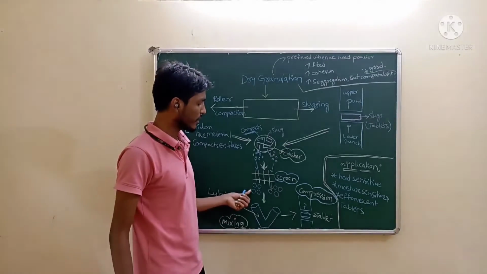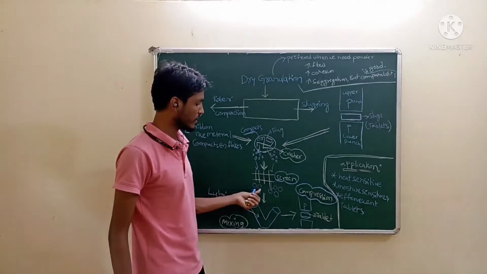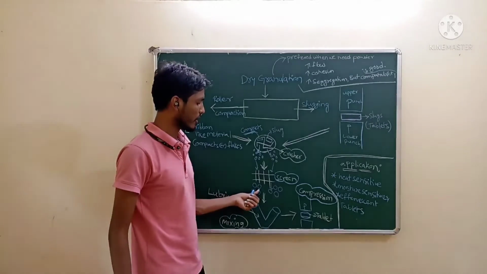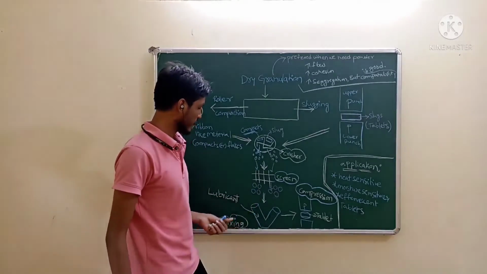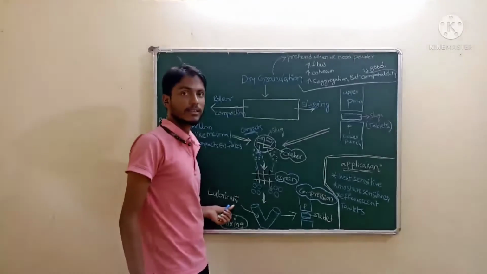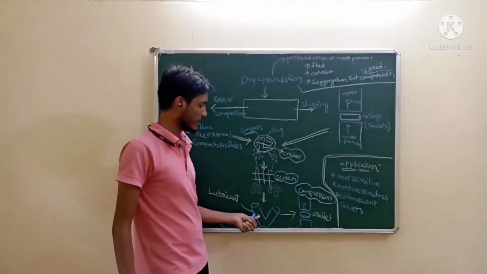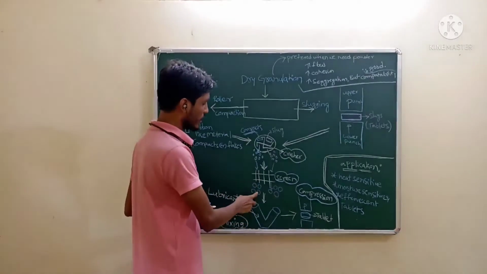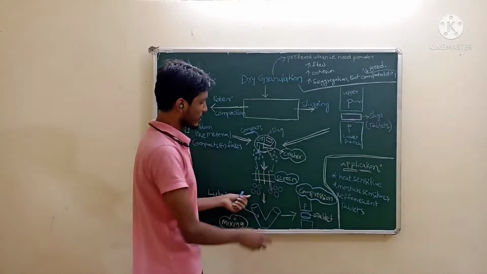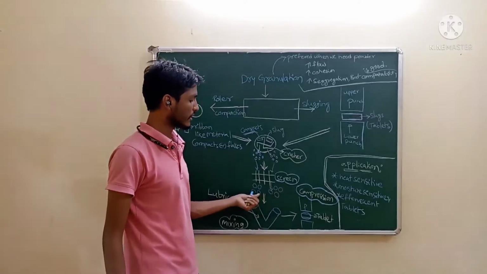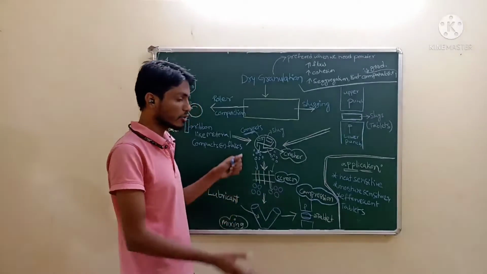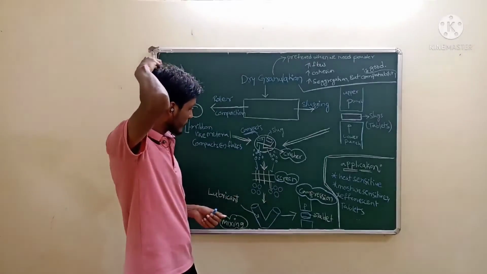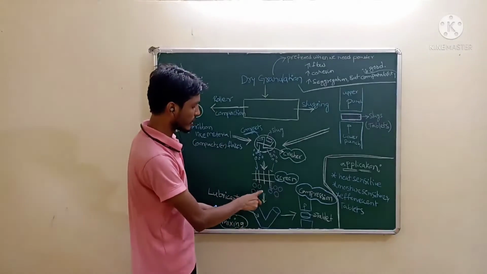See, we have got granule-type material here. Then we are adding lubricant. In the mixing step, we add the lubricant to these screened particles, to these granules. This lubricant will coat the granules.